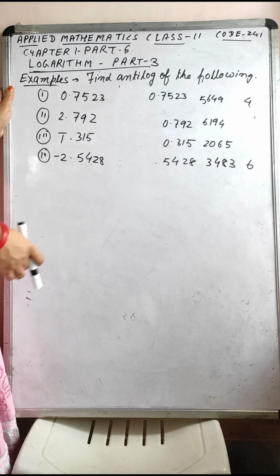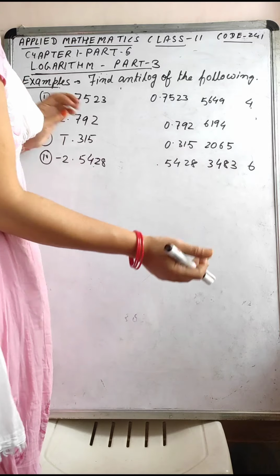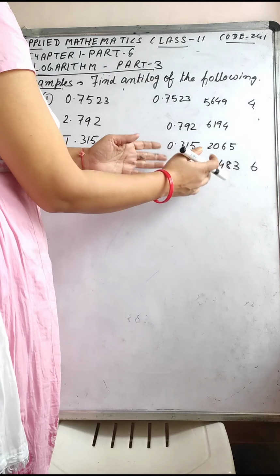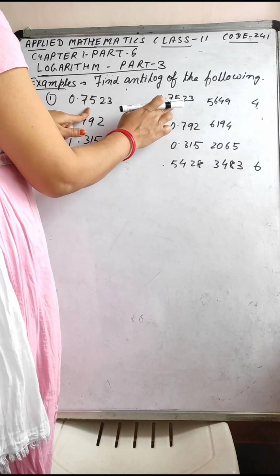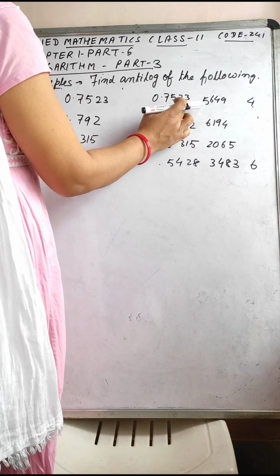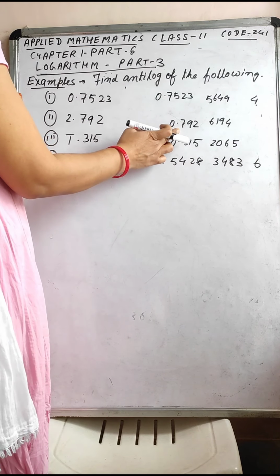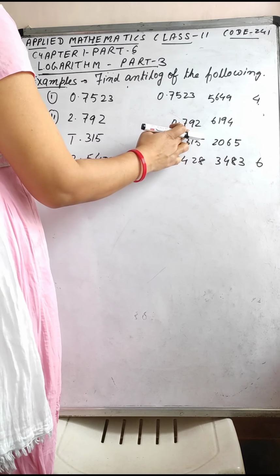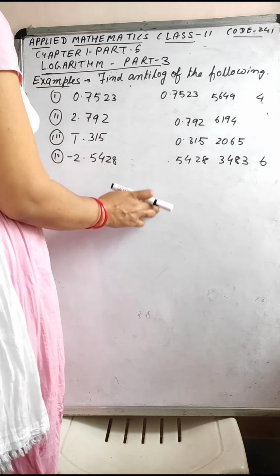Now what I have done over here is, I have seen the anti-log table and I have written the values over here so that it will be easy for me to see from here. Along the row 0.75, column 2 is 5649, and under the mean difference 3 the value is 4. So I will be adding these two. Along the row 0.79, under the column 2 the value is 6194.